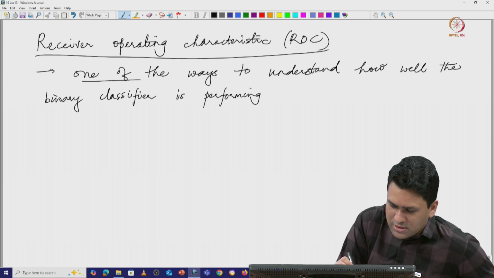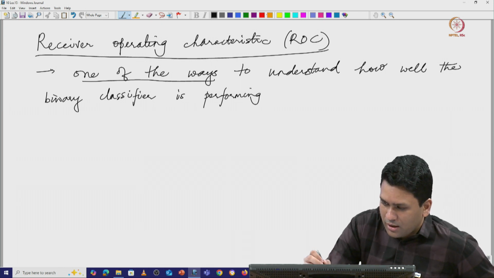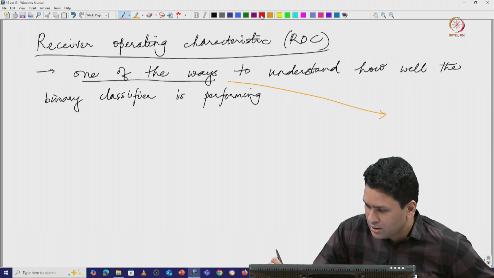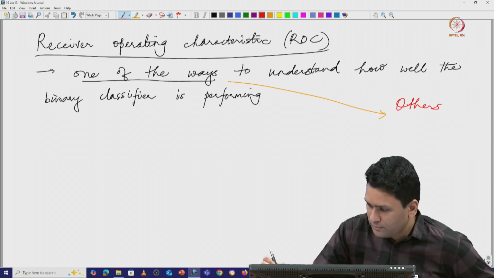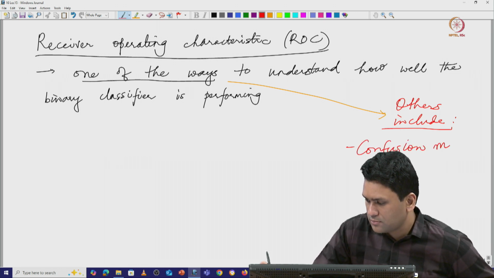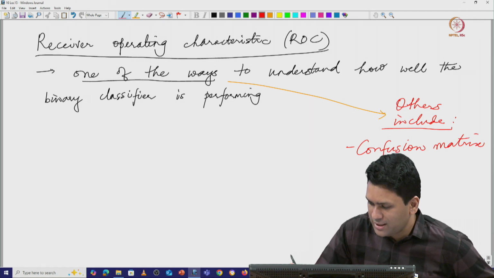So it is one of the ways, and like I said we had already been introduced to other ways, and these include the confusion matrix and the balanced accuracy score.